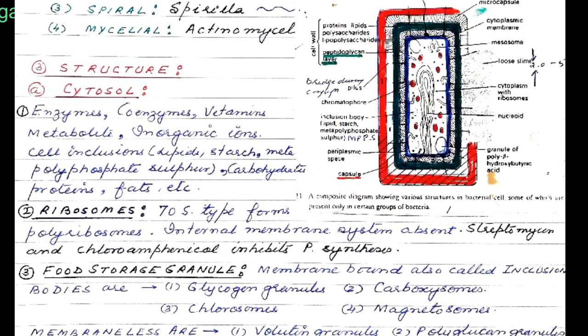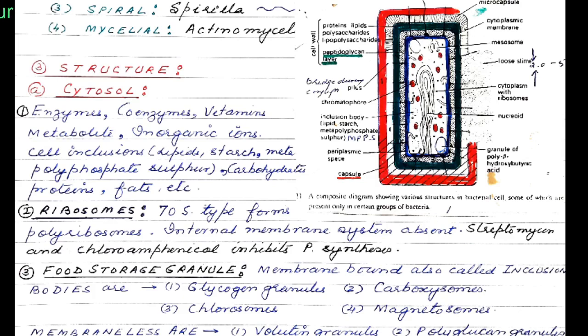Let us see what is there in the cytoplasm. The cytoplasm of bacteria contains enzymes, coenzymes, vitamins, metabolites, inorganic ions, and cell inclusions like lipids, starch, metapolyphosphate, and sulfur.